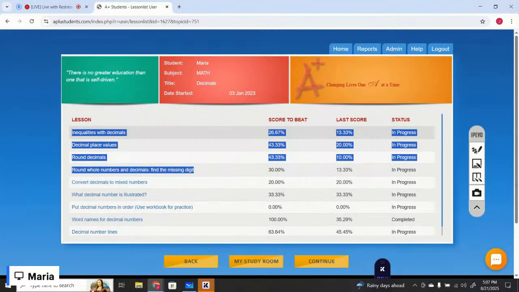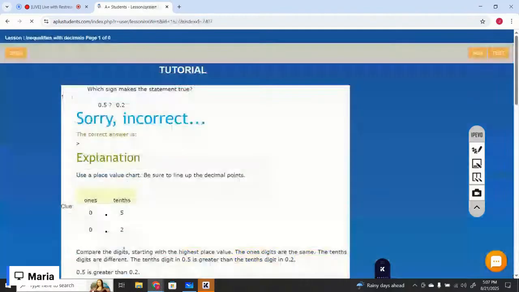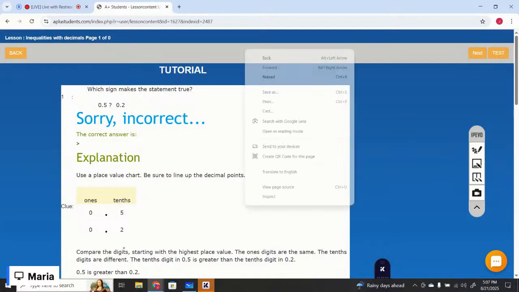Here I'm on Grade 6 Math. Let's just start the chapter Decimals. We're going to start with the lesson Inequalities with Decimals. Which sign makes the statement true? 0.5 and 0.2.